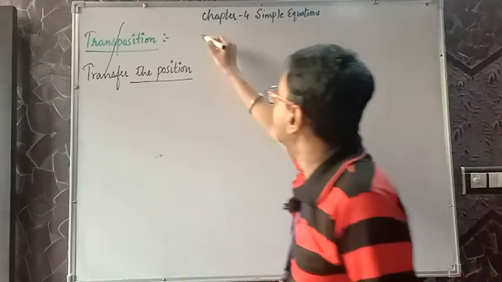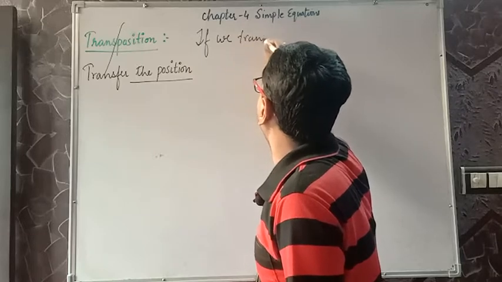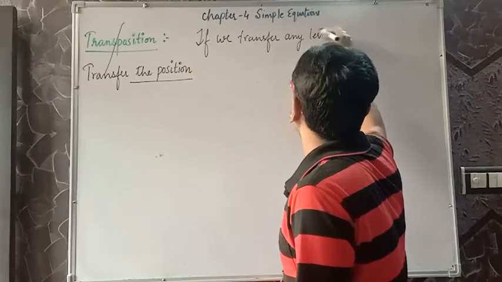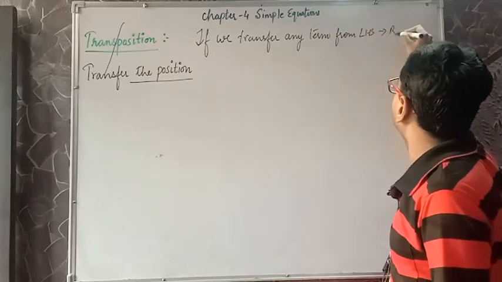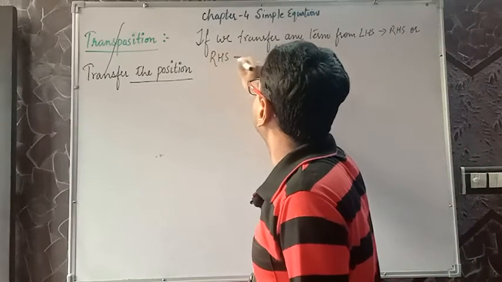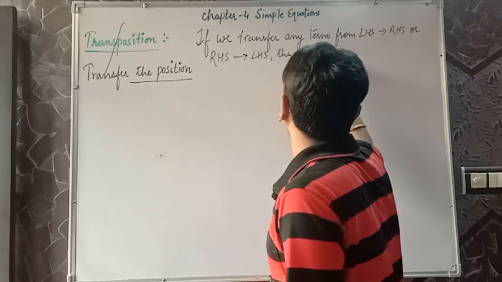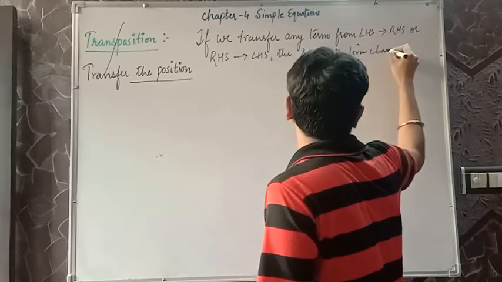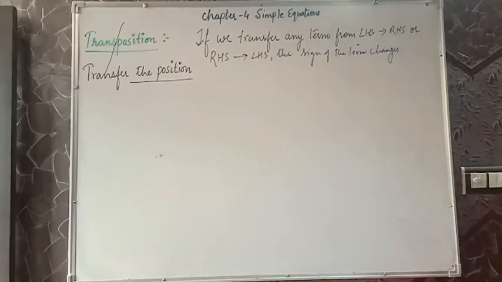What happens if we transfer any term from LHS to RHS or RHS to LHS? The sign of the term changes. Let's see how the sign of the term changes.